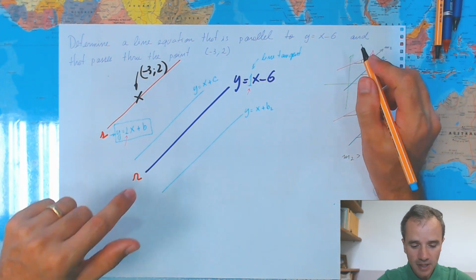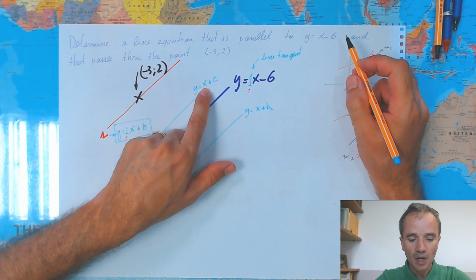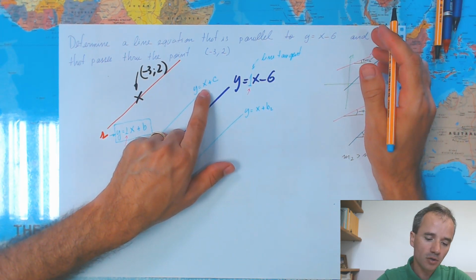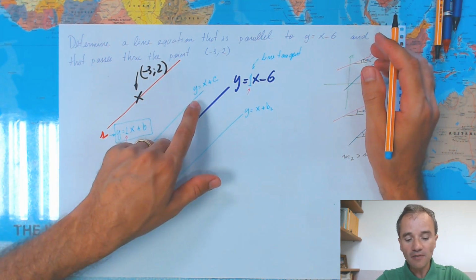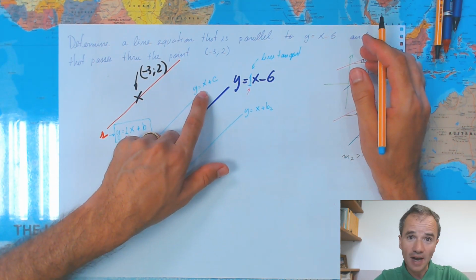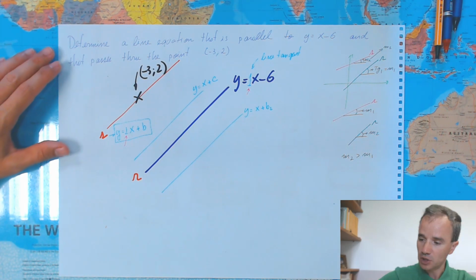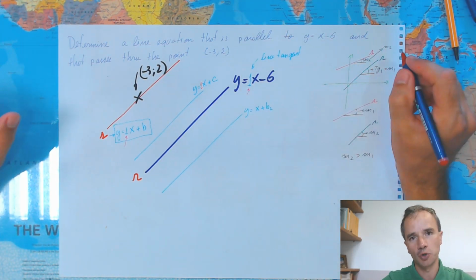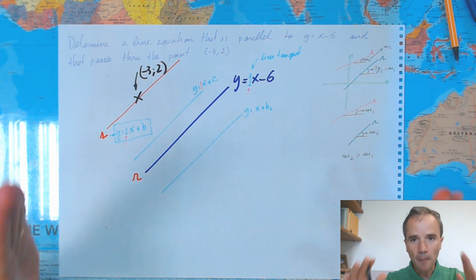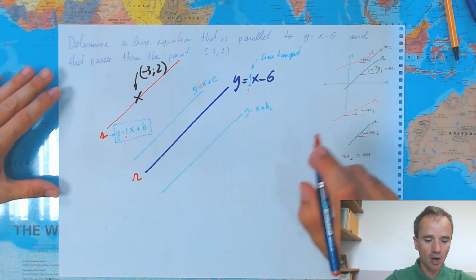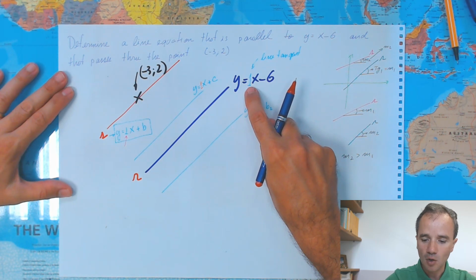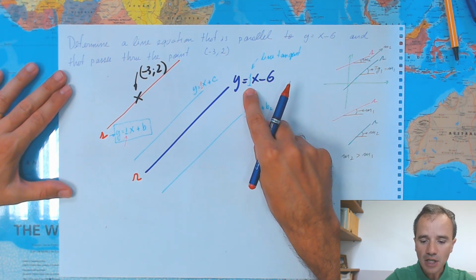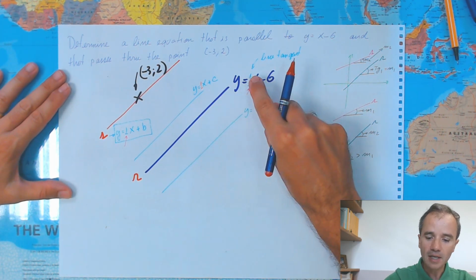And what happens if we change, instead of writing x, maybe -2x or -3x, or even y equals 7x? Whenever we change this number in here, which is 1, it's not going to be parallel anymore. So to be parallel, it must be 1x. The tangent, the inclination of that line must be the same.